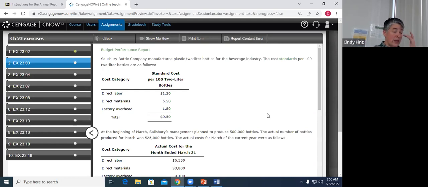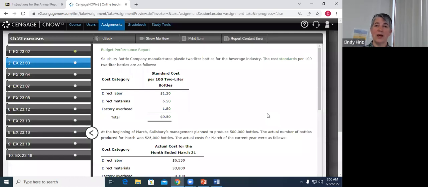What we're going to be doing in this next exercise, as I said when we were looking at the learning objectives for this chapter, is answering the question, what do we do with this? We have these standard costs. We know we're going to be moving those standard costs through our accounting records, and then at the end of the process doing a comparison between what we expected to pay and what we actually paid, identifying those variances, and entering adjustments as needed to correct these standards to our actual costs for our financial statements.